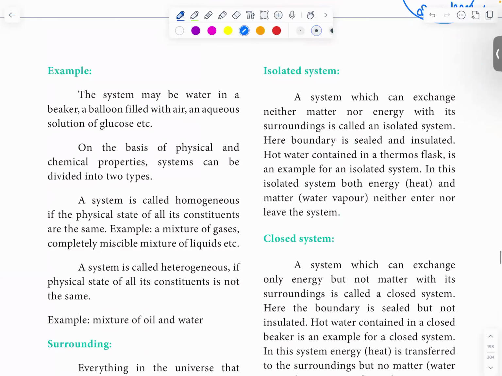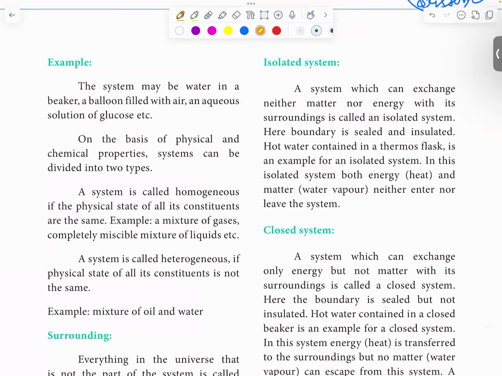Now we have multiple examples of systems, like water in a beaker, a balloon filled with air, an aqueous solution of salt, an aqueous solution of glucose, and many others. A system is called homogeneous if the physical state of all its constituents is the same, like a mixture of gases, because every phase is in the gaseous phase.